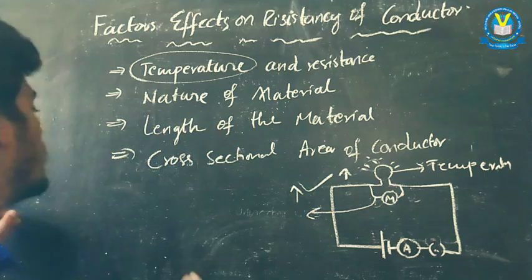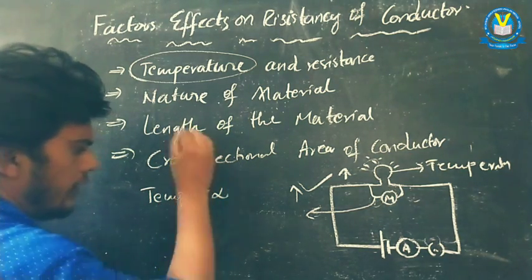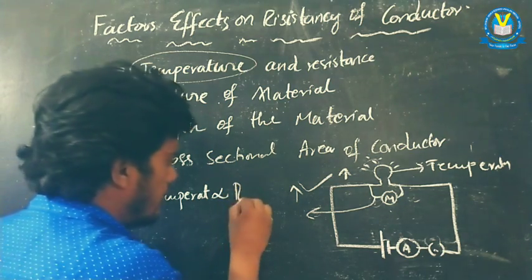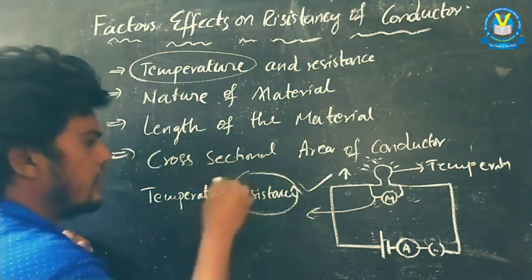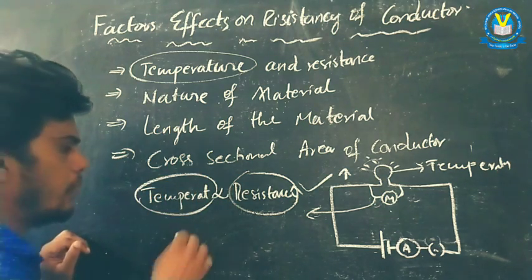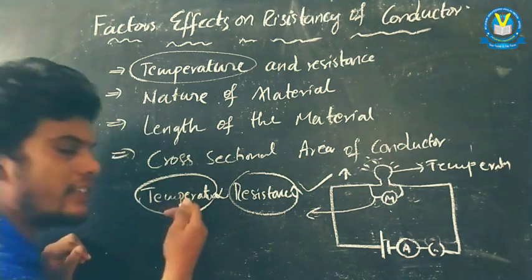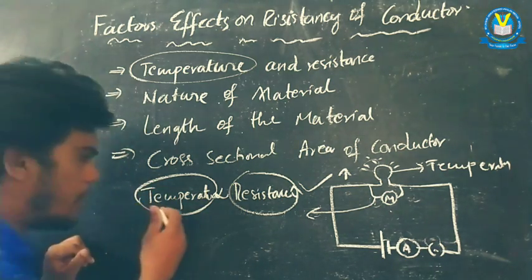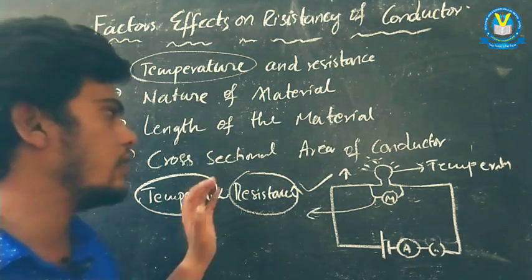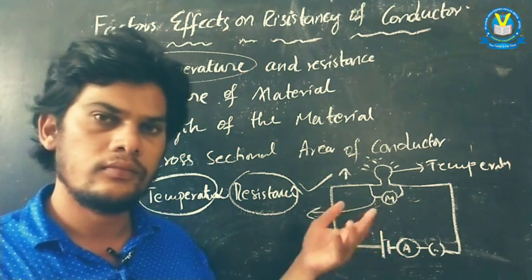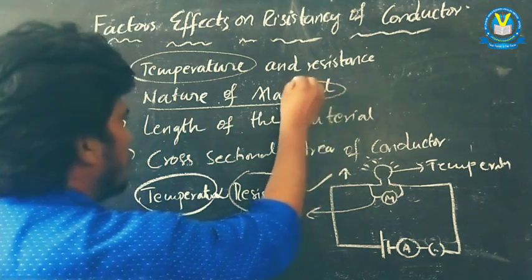That means temperature T is directly proportional to the resistance R. You can write it another way: resistance is directly proportional to the temperature. So if resistance increases, temperature also increases, and if temperature increases, resistance increases. This is the relationship between temperature and resistance.